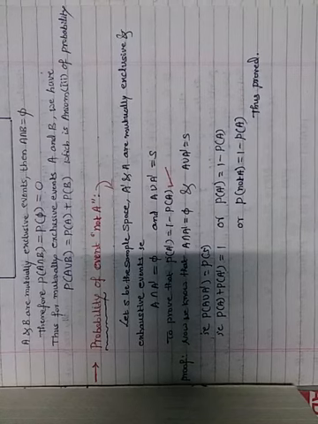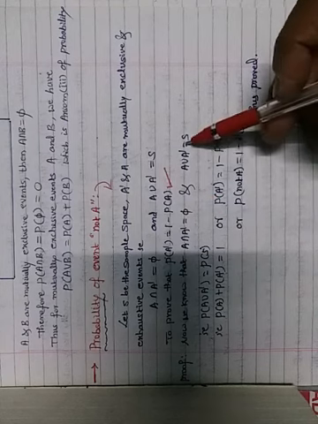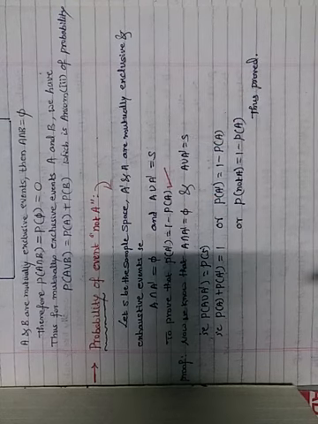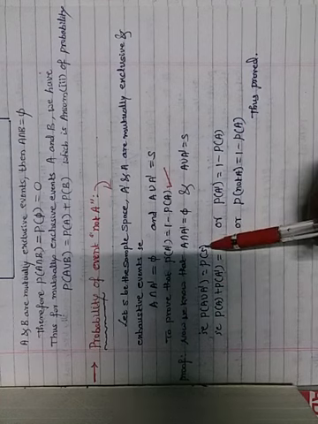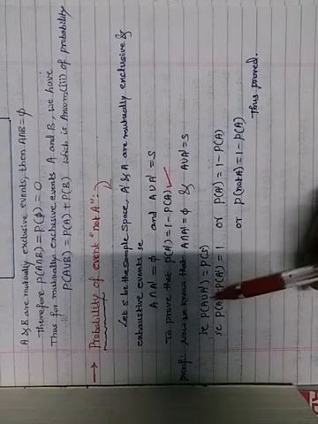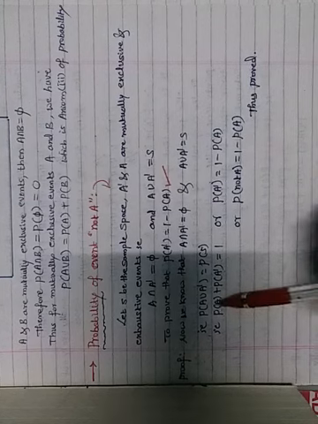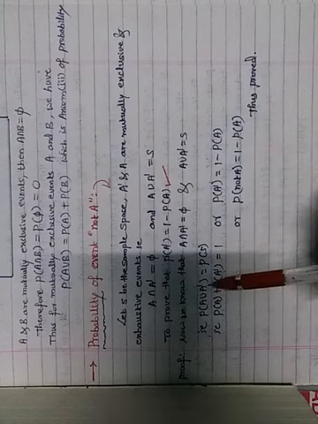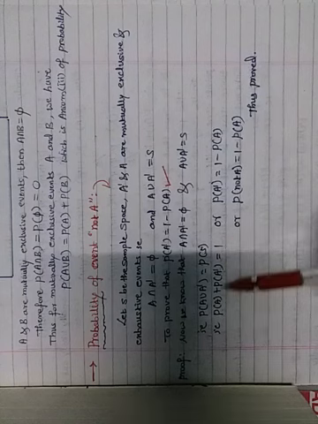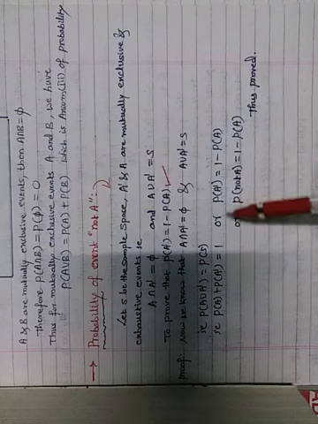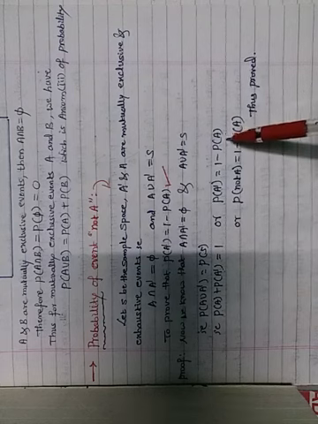We know that A intersection A dash is equal to the null set and A union A dash is equal to S. Here probability of A union A dash is equal to probability of S, because A union A dash gives the sample space. P of A plus P of A dash is equal to 1.